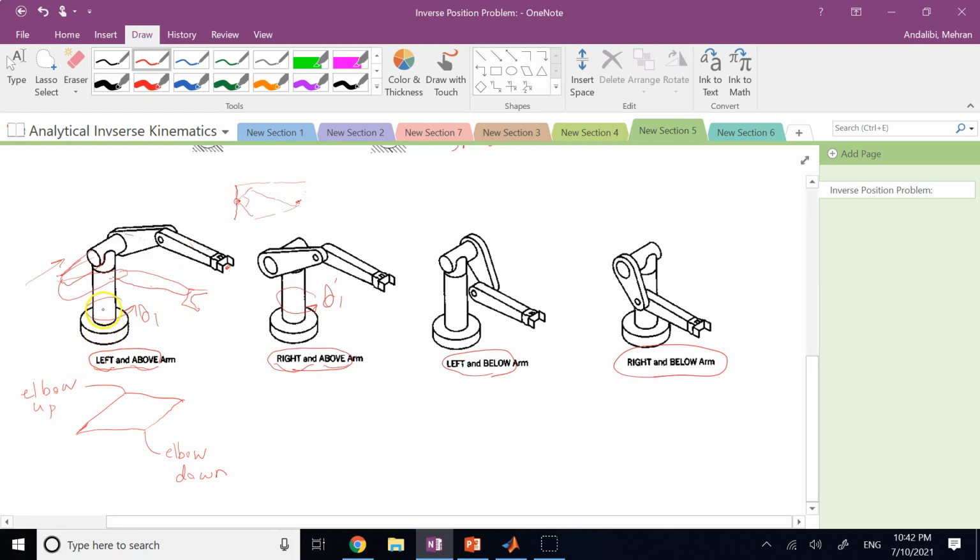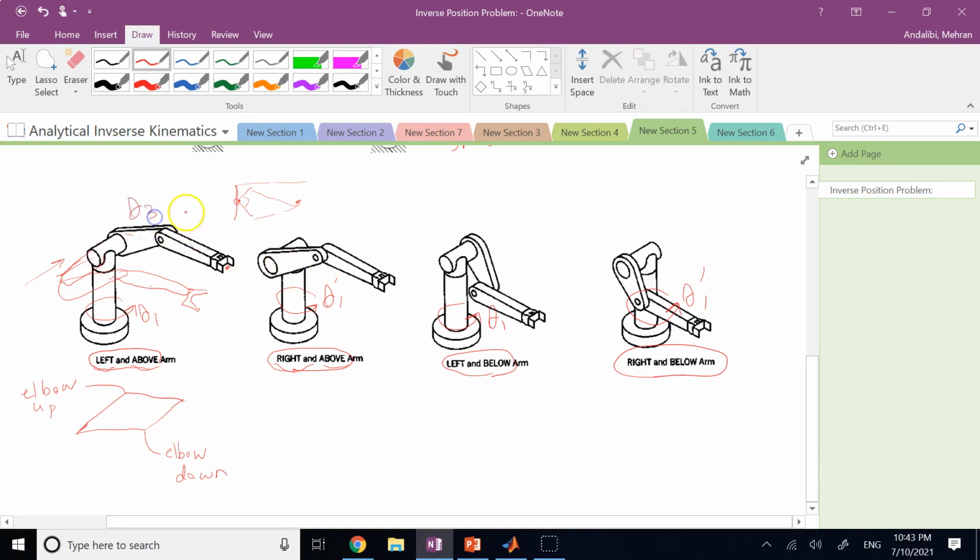So here you have the same theta 1 for these, and for these two you have the same theta 1, so you might call both of them theta 1 prime. And then theta 2 for these guys, which is up, if you remember, theta 3 actually in this case.